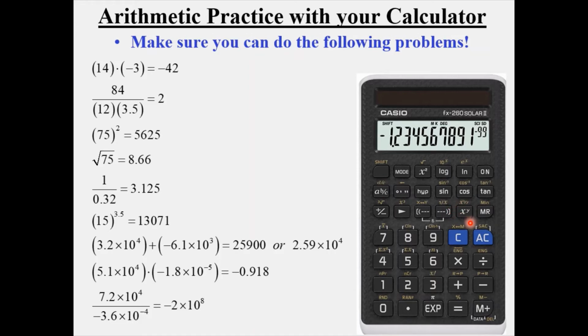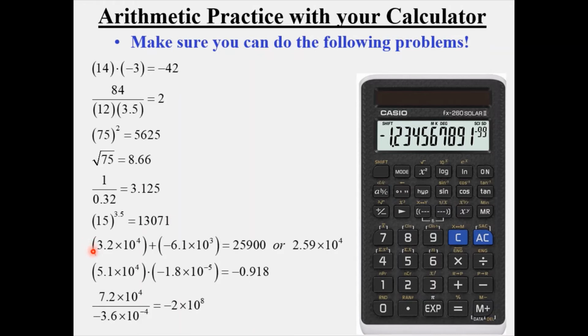So you would type in 15, press this button, then type in 3.5, and then the equal sign. You might want to pause this video right now and go through these and make sure you're getting the right answer. If you're not, please figure out how to do these correctly on your calculator. Ask for help, or you can ask me if you can't figure it out.